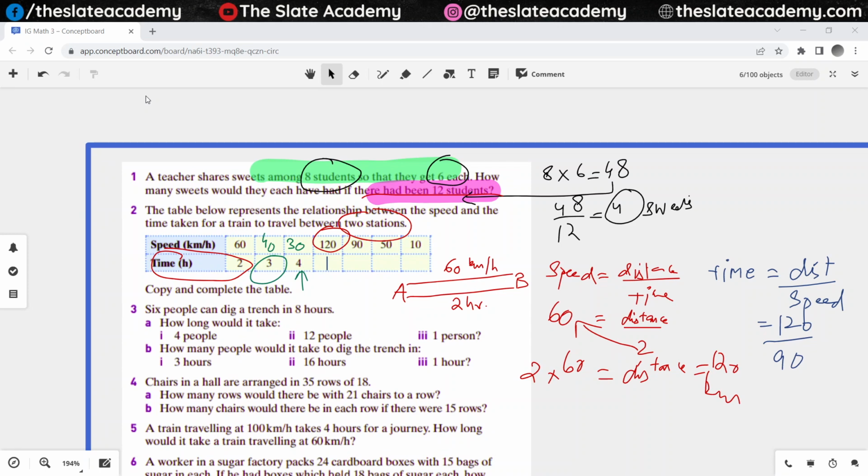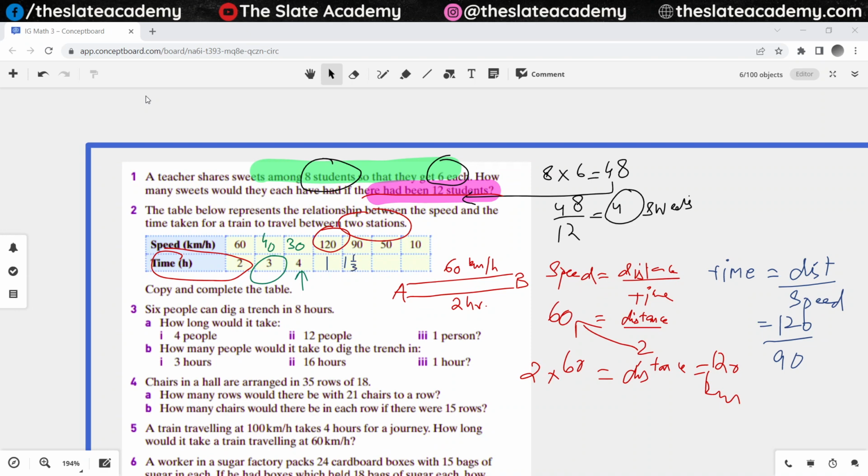The answer would be 4 over 3. Distance is how much? 120. Speed is how much? 90. 120 over 90 is 4 over 3, which is 1.333. So I write either 4 over 3 or 1 whole 1 by 3.